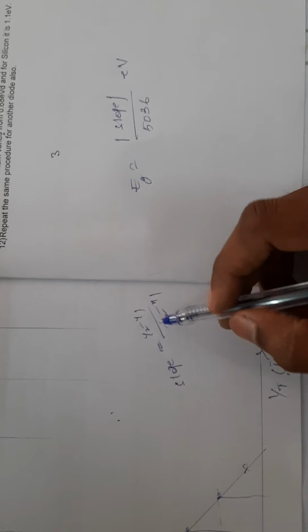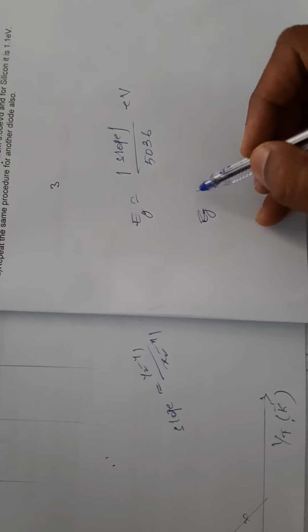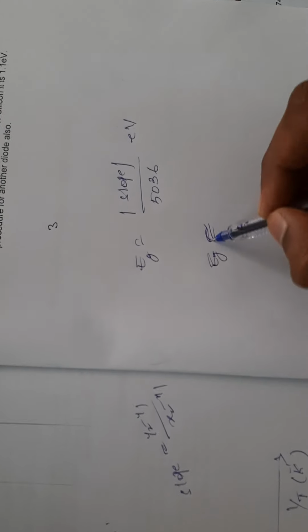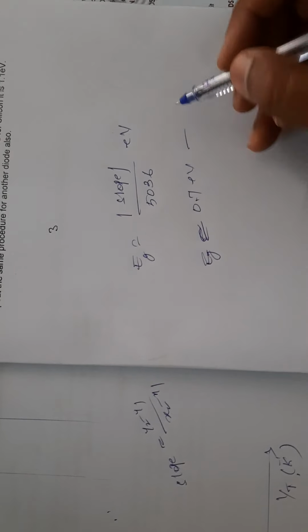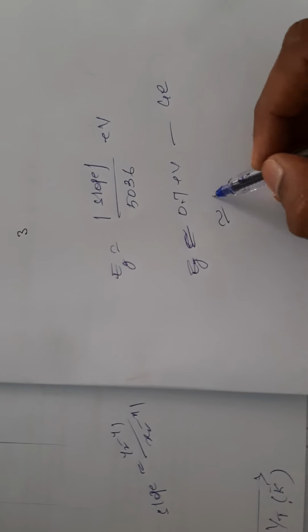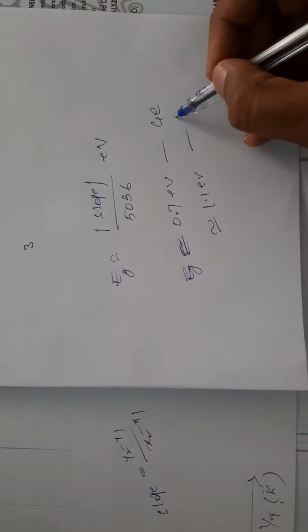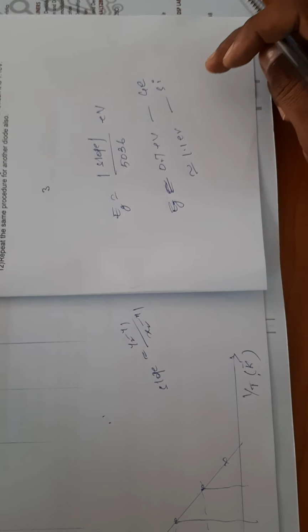Substitute the slope, and you will get the Eg value. If your Eg value is approximately 0.7 electron volts, your given semiconductor is germanium, and if it is around 1.1 electron volts, your given semiconductor will be silicon. In this way we can determine the type of the given semiconductor with the help of this experiment.